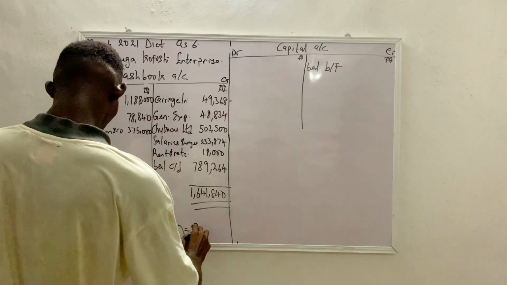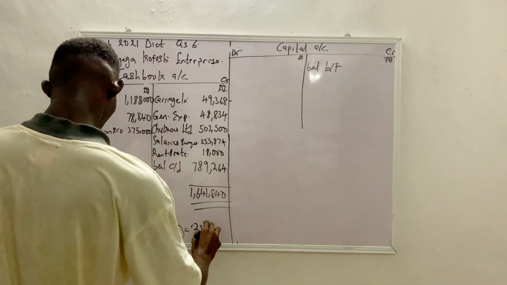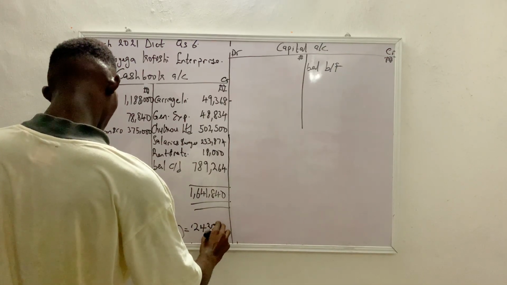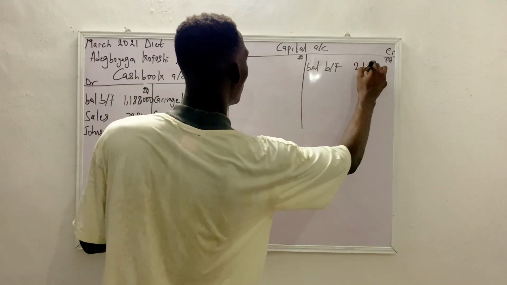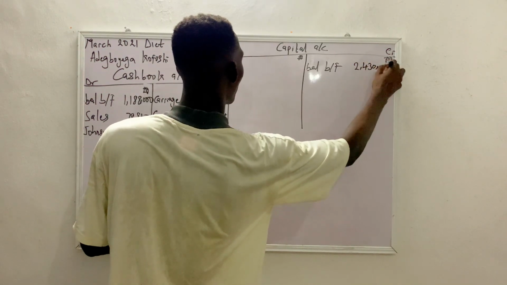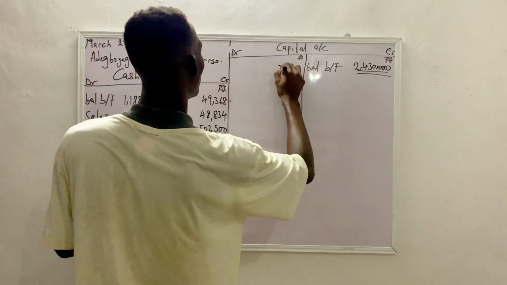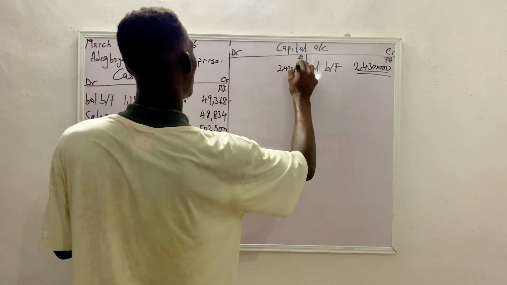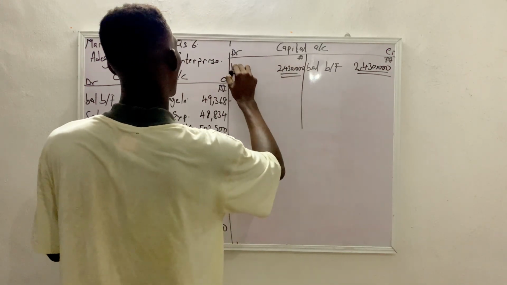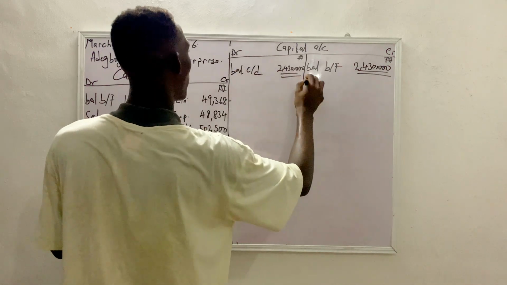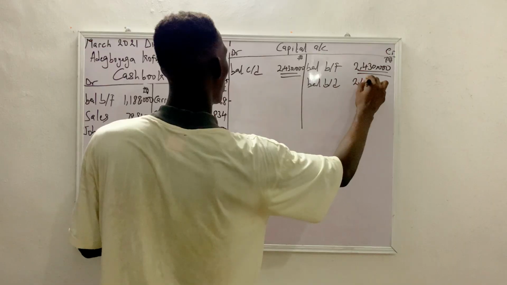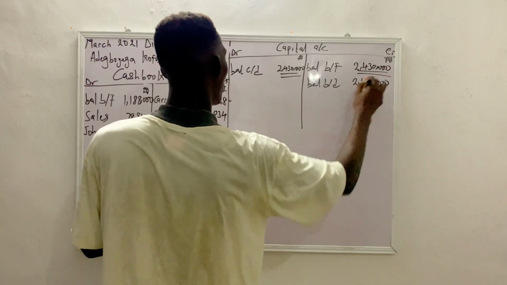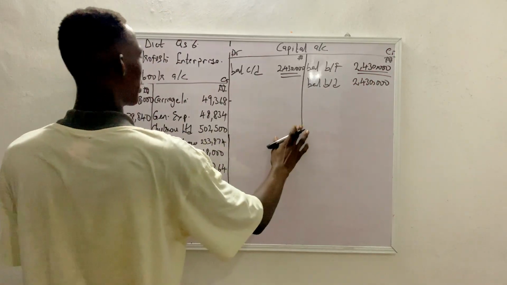So that will give us 2.43 million, 2,430,000. Alright, so that's for our capital.